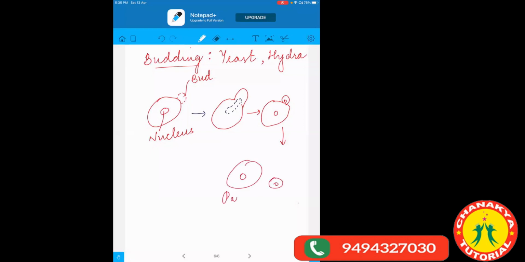Now here, this is the parent and here we got the daughter yeast cell. This daughter yeast cell will take all the nutrients and keep on growing in size. And once they become mature, this daughter cell will act like the parent cell.